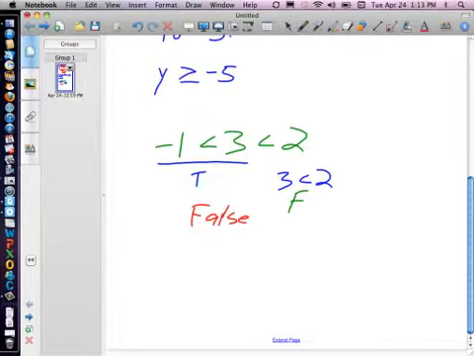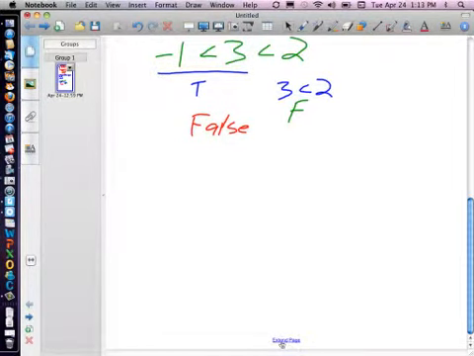I can talk to you a little bit more about that. If you look at page 457, this is just below example 1. There are times when you want to decide if something is in between something, or you need to put something in between something. For instance, -4 is less than x is less than 2.